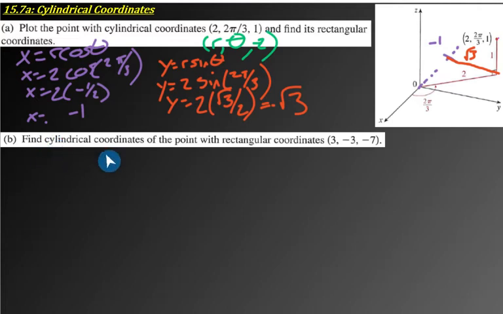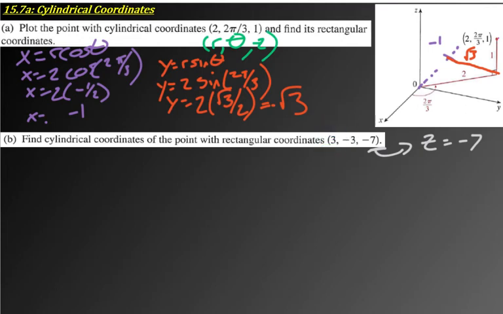And we should be able to convert backwards too. So down here, I want to find cylindrical coordinates for the rectangular coordinates 3, negative 3, negative 7. You need to think about how to get r and theta. We know z is negative 7, so we just need to use the x and the y.